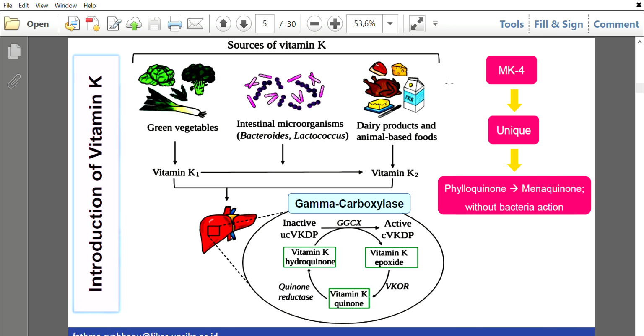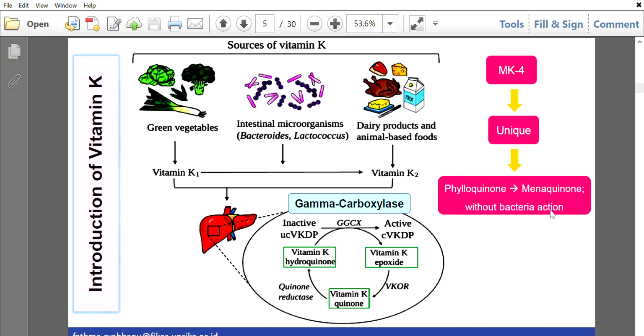And menaquinone 4 is unique. Why is MK4 unique? Because menaquinone 4 is converted from phylloquinone or vitamin K1 without bacterial action.